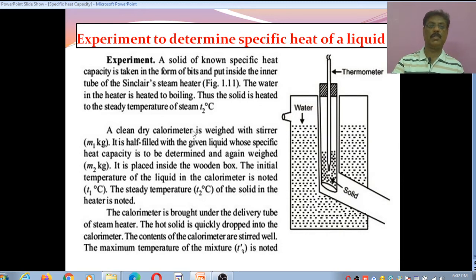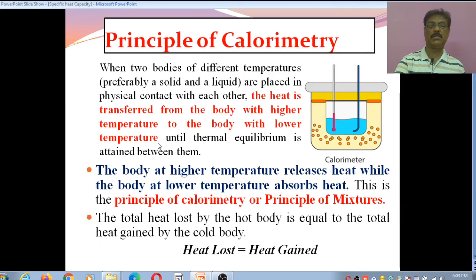Now separately, a clean dry calorimeter is weighed with a stirrer. So you take a clean calorimeter, as in the previous diagram we have seen. This is a calorimeter with the stirrer, and there is a thermometer to record the temperature of the given liquid.